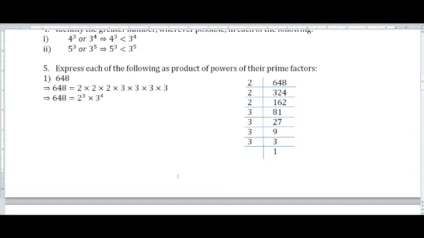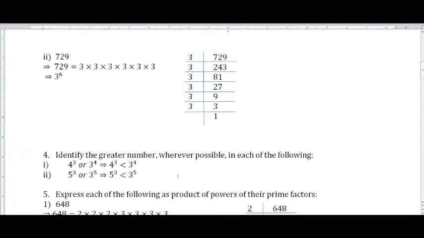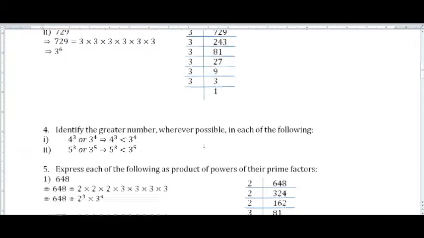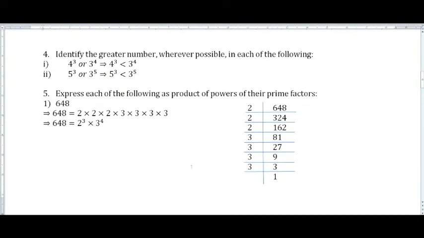Question number 5 here, almost alike to question number 3. We are going to express the number 648 as the multiplication of its prime factors in exponential form. So here we are going to divide 648 by its prime factors.